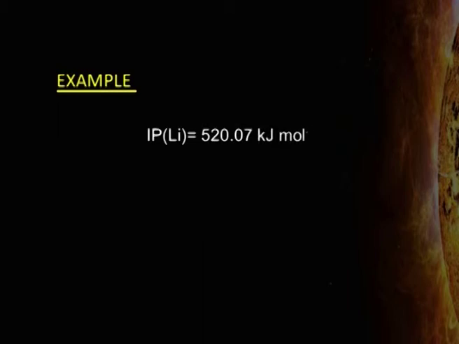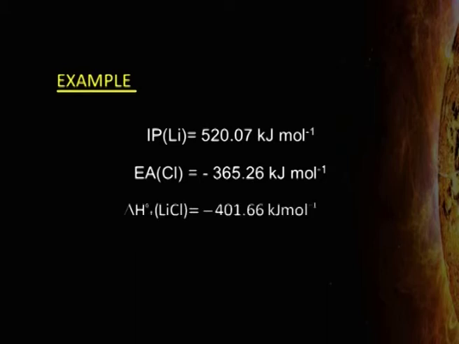Ionization potential for lithium is equal to 520.07 kilojoules per mole. Electron affinity of chlorine is equal to minus 365.26 kilojoules per mole, and delta H naught formation for solid lithium chloride is equal to minus 401.66 kilojoules per mole.